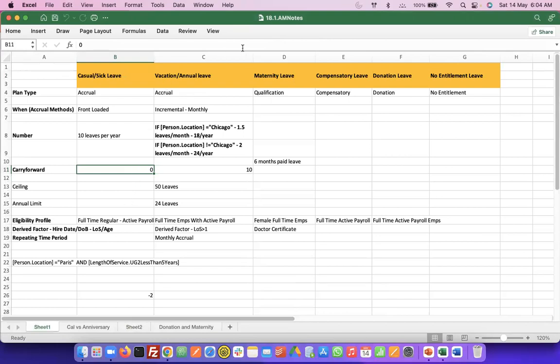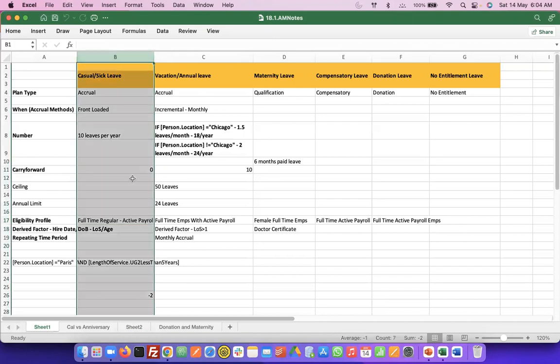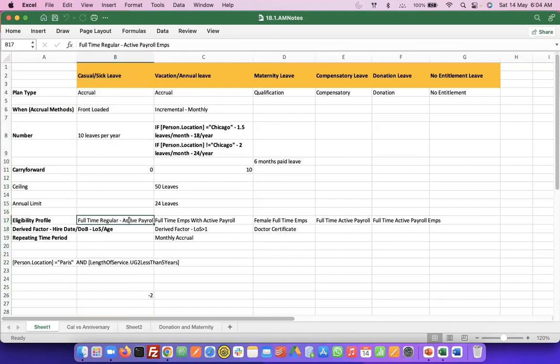And for every leave, a client would tell you who exactly is eligible for it. So at bare minimum, it would be full-time regular employees who are on active payroll who might be eligible for certain leaves. And for every leave plan, there would be an eligibility profile attached.